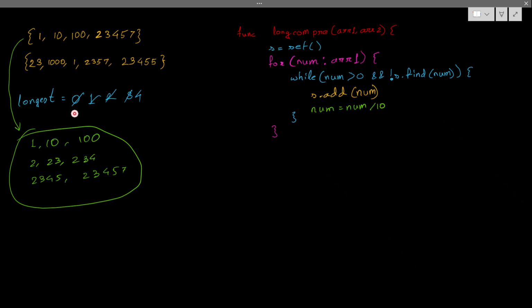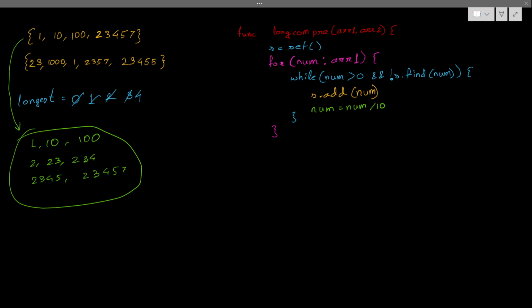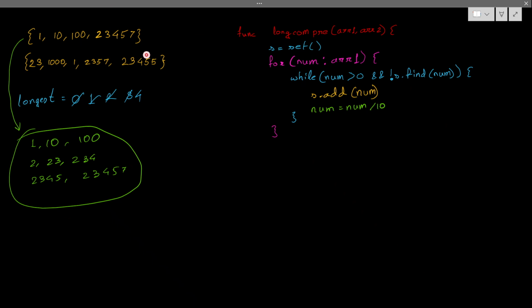Or what is another possibility? Another possibility is it could be part of any number. So whatever it is, again you have to iterate for each and every number, right? Correct. So let's iterate and see what we could do.